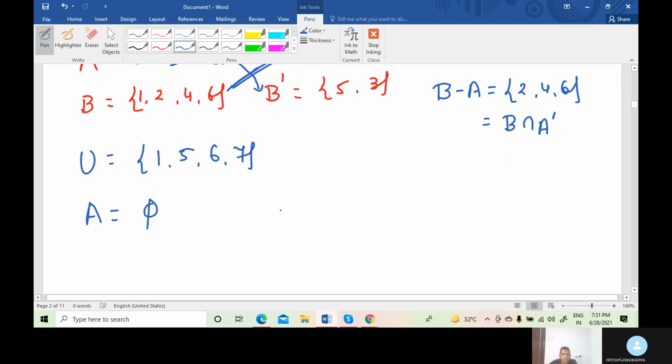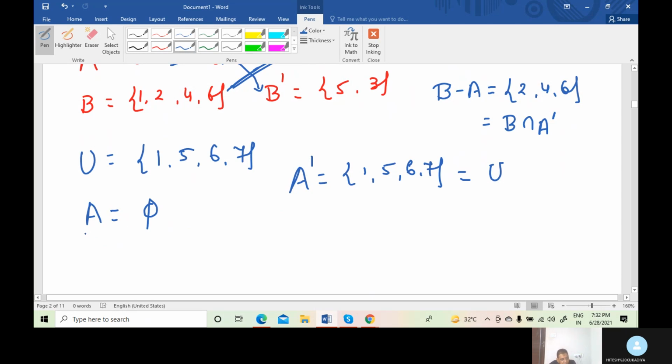Now what about its complement? Sir, the complement, set A is a null set. So which of the elements of the universal set cancel? None can. So the answer is the remaining elements of the universal set, all the elements, U. Okay. Now our question is A equal to the null set.